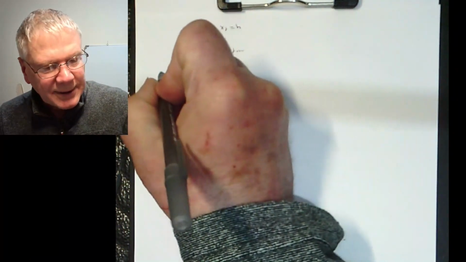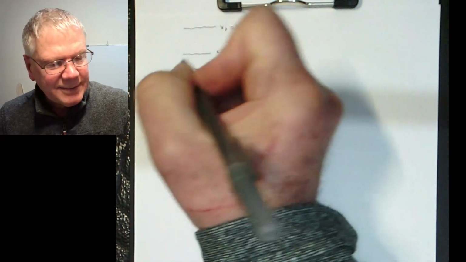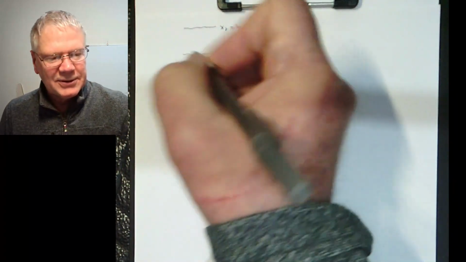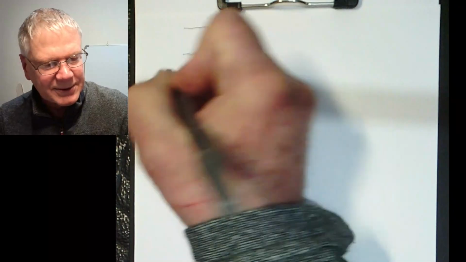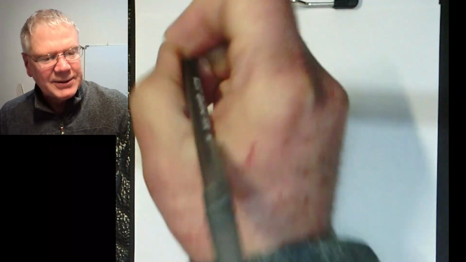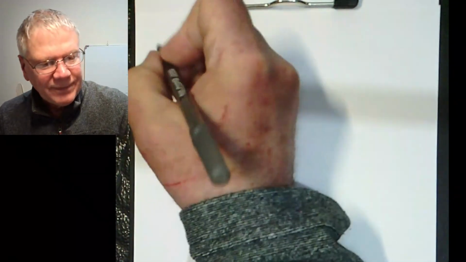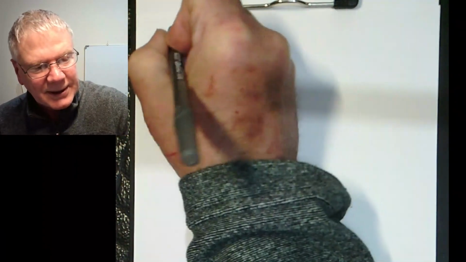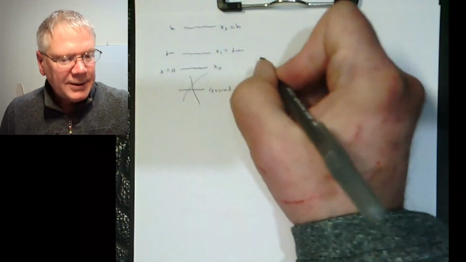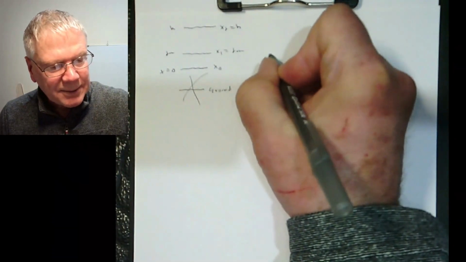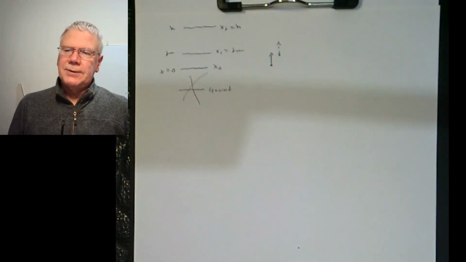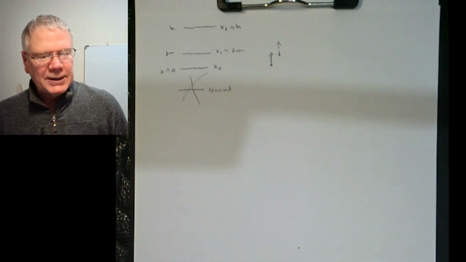This is one dimension, so I can use x. y might be better because it's vertical, but I started with x, so we'll use x. x equals 0. Well, how high is the window? This is 2 meters, and this is h meters. And I only have one direction. I'm going to call up positive. Sometimes with something like a dropped object, you may want to call positive downward.